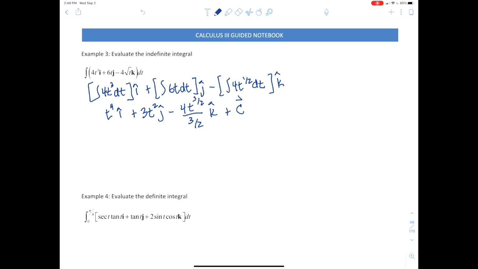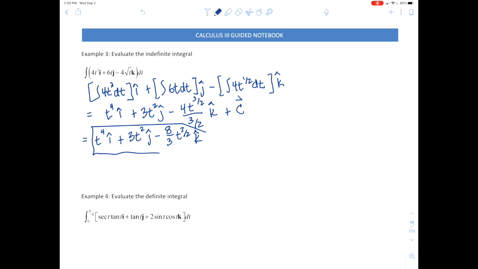And cleaning it up, we will have t to the 4th times i, plus 3t squared times j, minus 8/3 t to the 3/2 times k. Good so far?